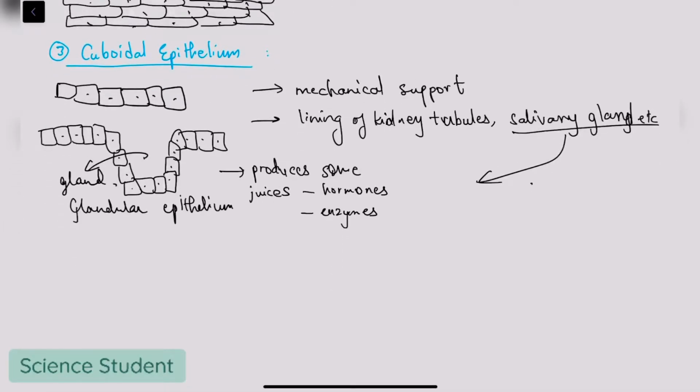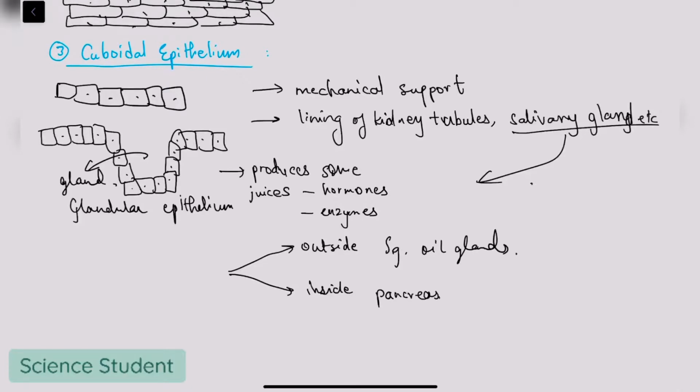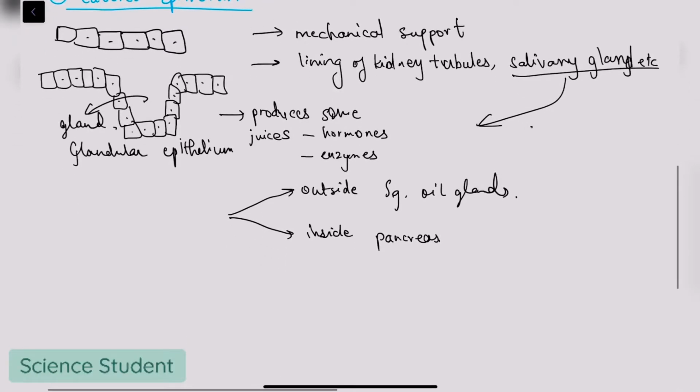There are two types of glands: those that secrete substances outside the body and those inside the body. Outside, like the salivary gland and oil and sweat glands. Inside, like the pancreas, etc.